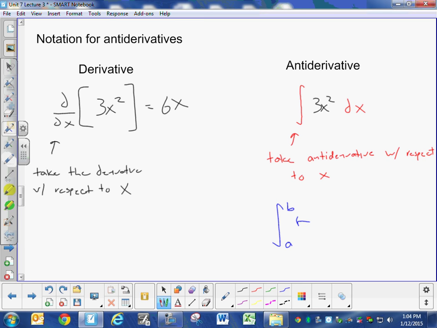This is our infinite sum notation from A to B. If you're taking your infinite sum of your really, really skinny rectangles, it represents the area. Without the A to B, it stands for antiderivative. Just go with it for now. We'll find out the connection next class.